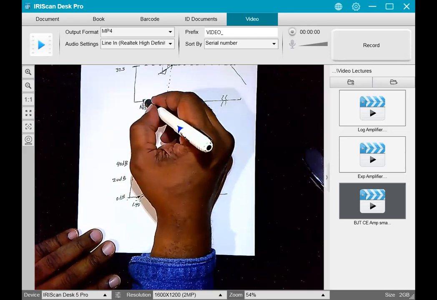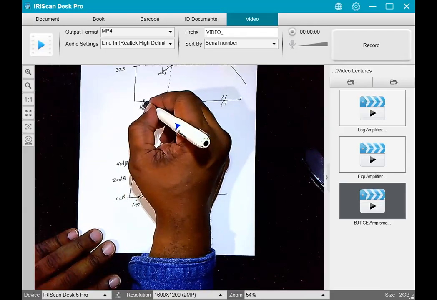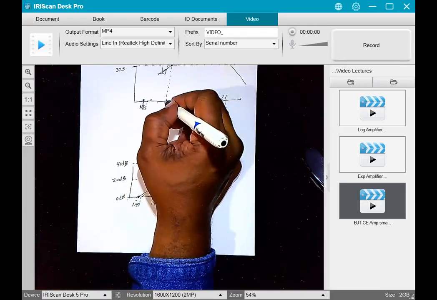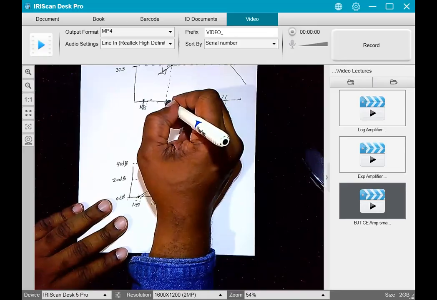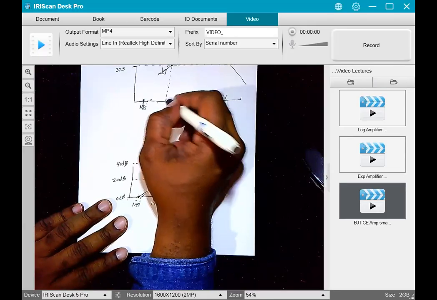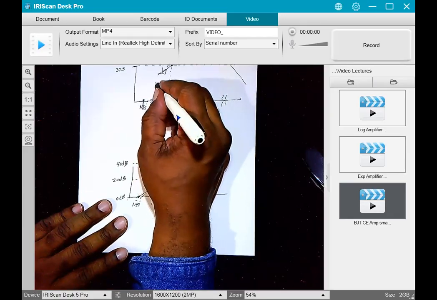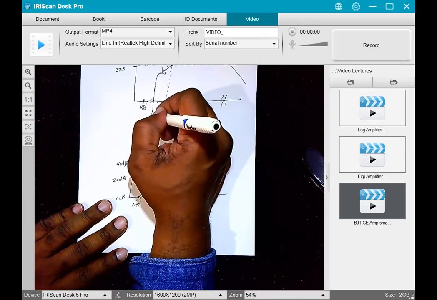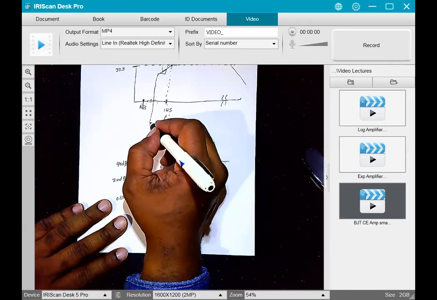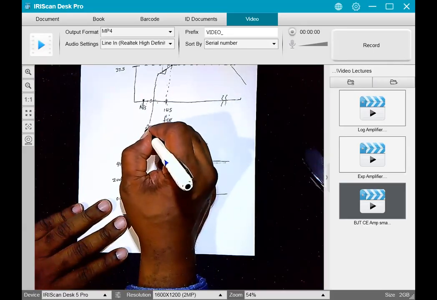However, before we get 1 decade down from here, we encounter a second pole at 21.23 hertz. So somewhere up here, we have another pole. And this is the one due to F sub CB.